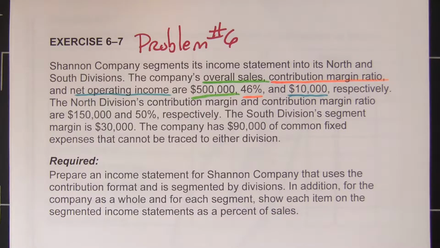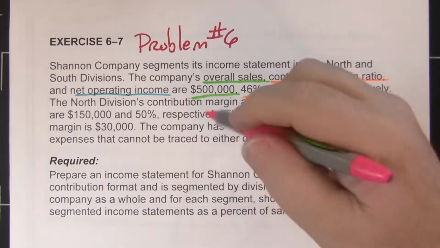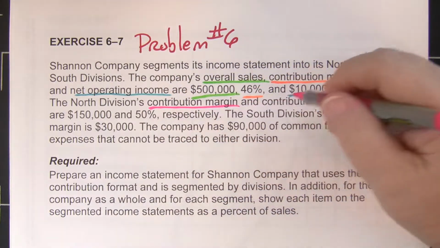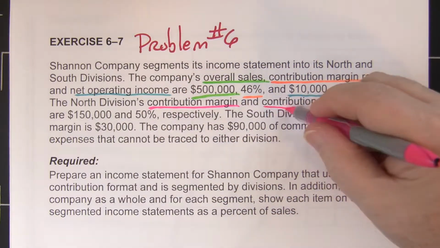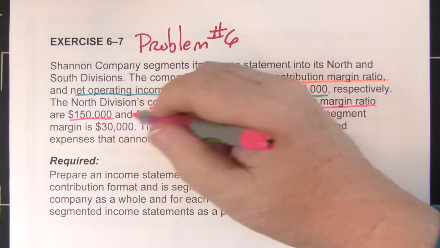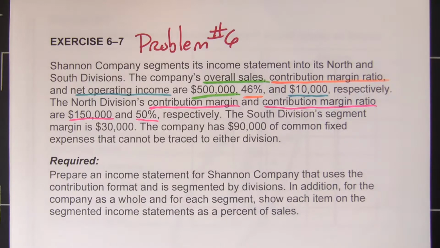The North Division's contribution margin and contribution margin ratio are $150,000 and 50%.